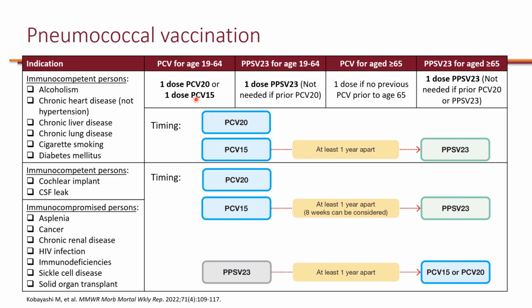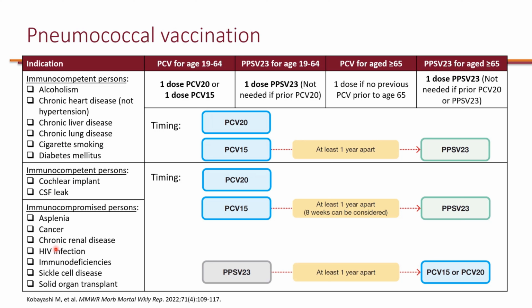Now, if they do choose to get PCV15, it is recommended for them to get 1 dose of PPSV23, and it is important to get it at least 1 year apart. Now, this 1 year apart becomes essentially 8 weeks for those higher risk. So if they have just comorbidity in the first group, they have to wait at least 1 year.